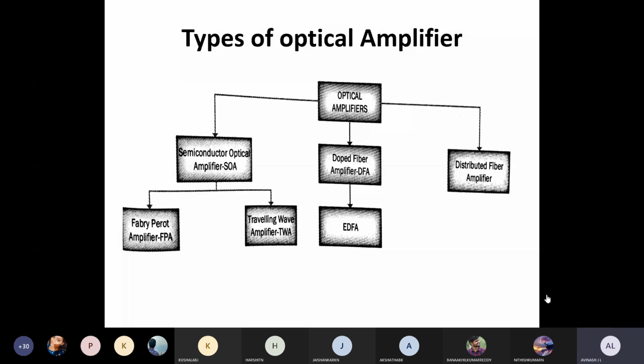Next is the traveling wave amplifier. The name indicates traveling wave: the wave will be traveling. In between that particular transmission, we are going to use the traveling wave amplifier. Next is the doped fiber amplifier. In that, another special type is EDFA. EDFA stands for erbium doped fiber amplifier. So what is this erbium doped fiber amplifier?